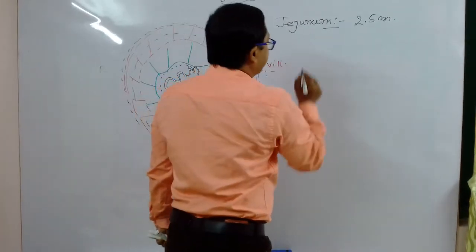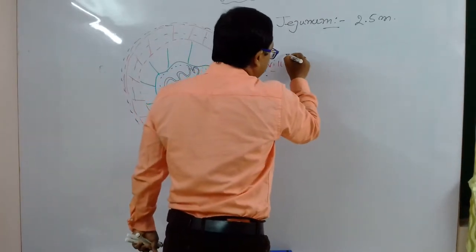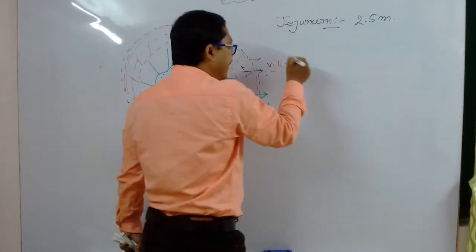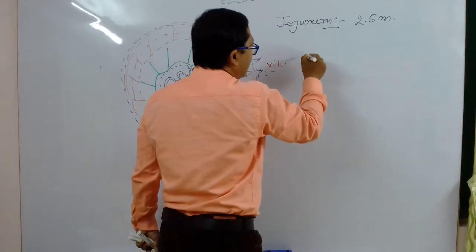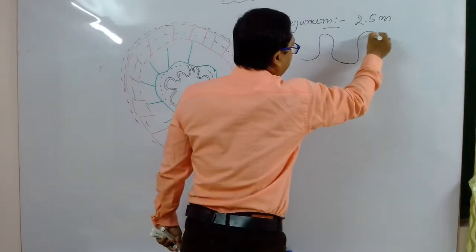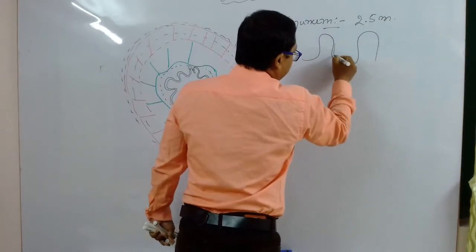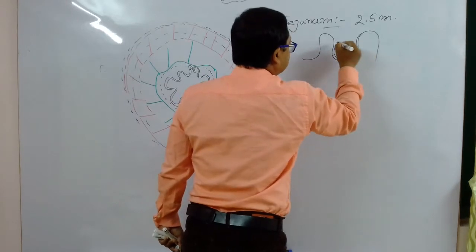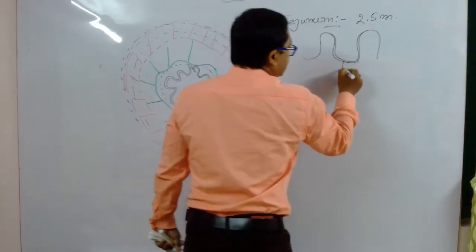It contains villi, the innermost mucosa folded inward towards the lumen, forming villi. In between the villi, there are special glands called crypts of Lieberkühn.